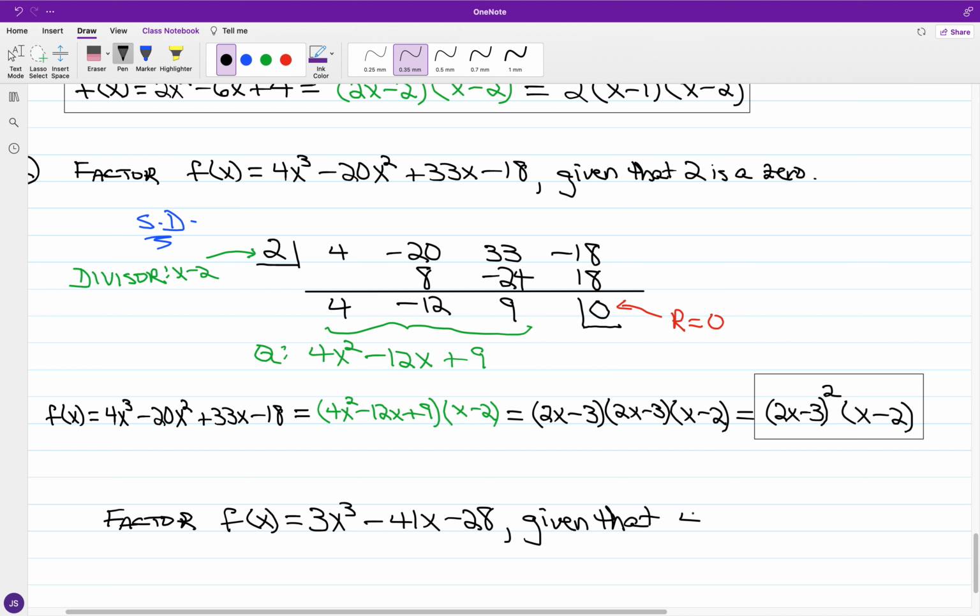So one factor is going to be x minus 4 from the given 0 value of 4. Let's see what we get in factoring out 3x cubed minus 41x minus 28.